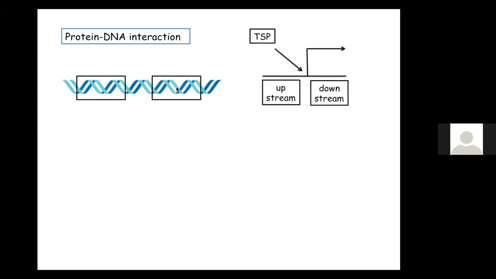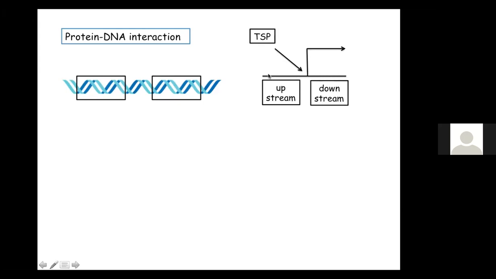So we will just take a very simple approach to describe the DNA. We'll consider this is the gene of our interest, and it has some upstream part on the left hand side, and on the right hand side we have a downstream part.